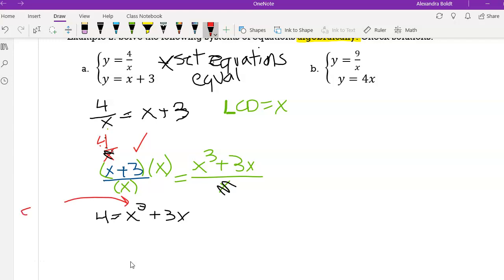Now this is quadratic. So we want to factor. Quadratic, so factor.